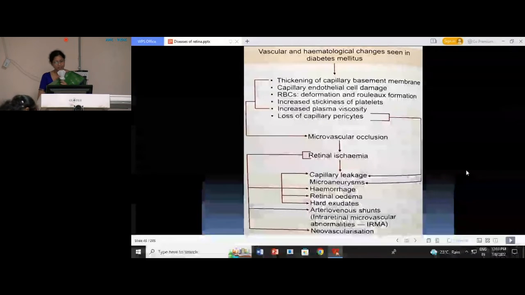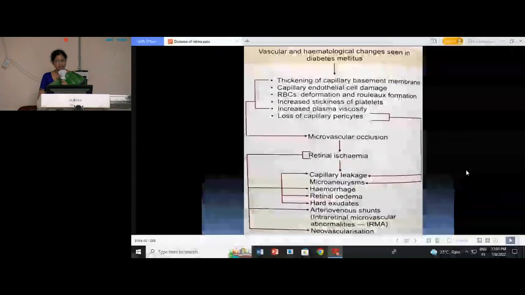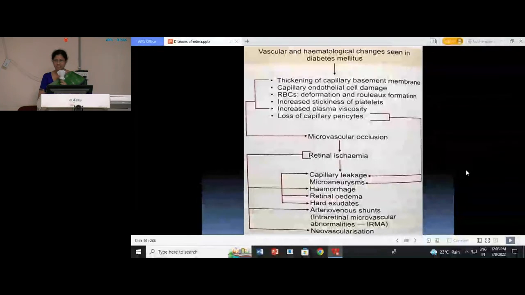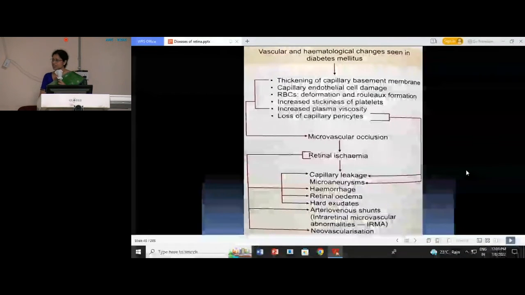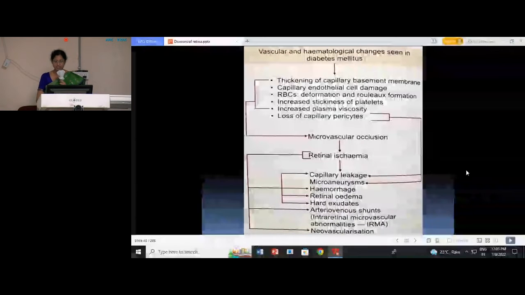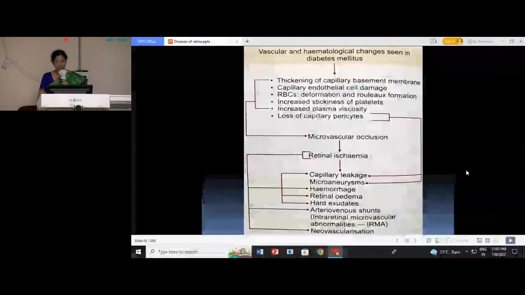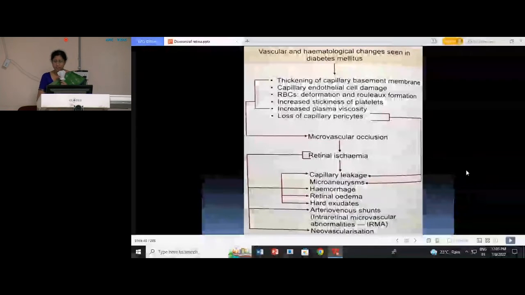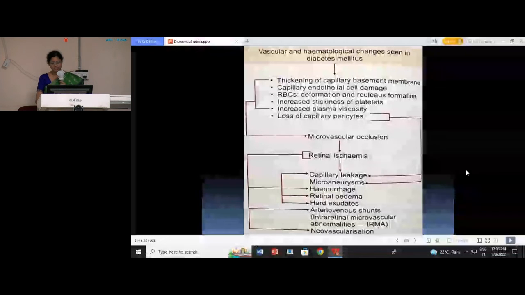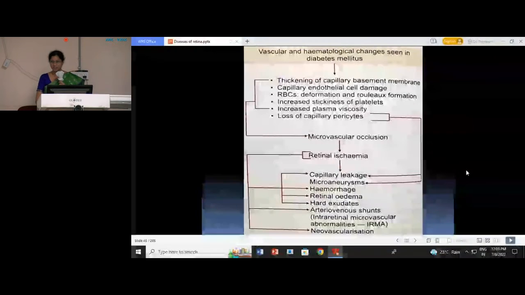All these changes lead to microvascular occlusion. When there is microvascular occlusion, there is retinal hypoxia, or retinal ischemia. The retinal ischemia leads to AV shunt vessels, known as intraretinal microvascular abnormalities, and also neovascularization of the retina. That is due to microvascular occlusion.